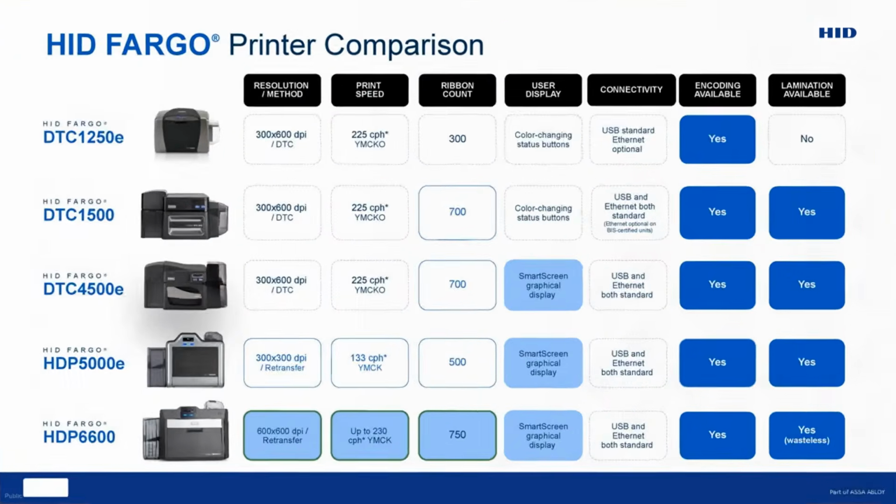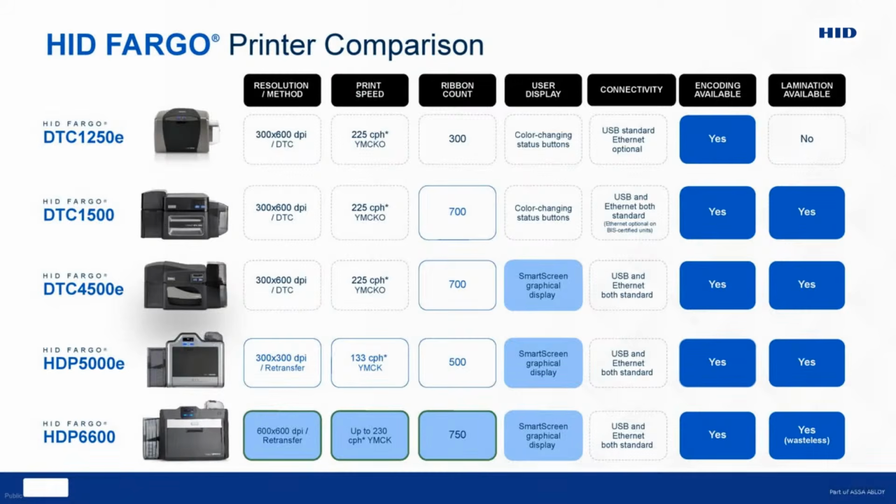Okay. The slide shows 3 DTC printers in the Fargo range: DTC 1250E, 1500, and 4500E. The print speed is the same, but the major differences are ribbon count and lamination. The DTC 1250E supports 300 cards, while the DTC 1500 and DTC 4500E support 700 cards, so they are better for high volume printing.